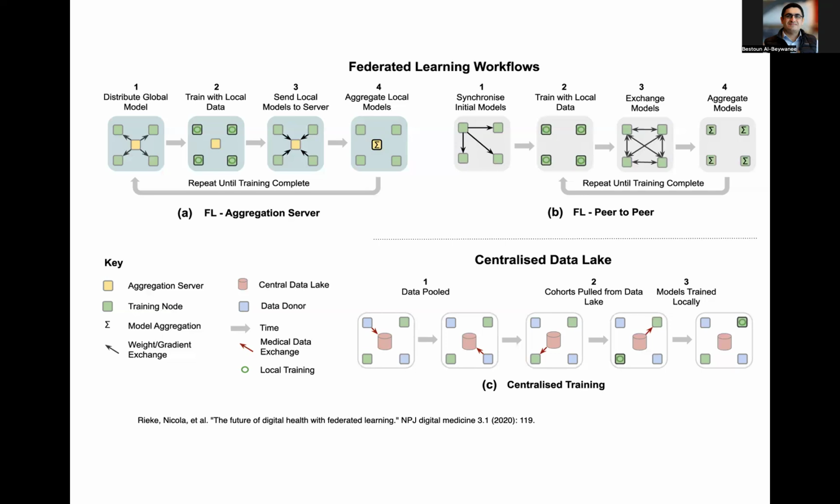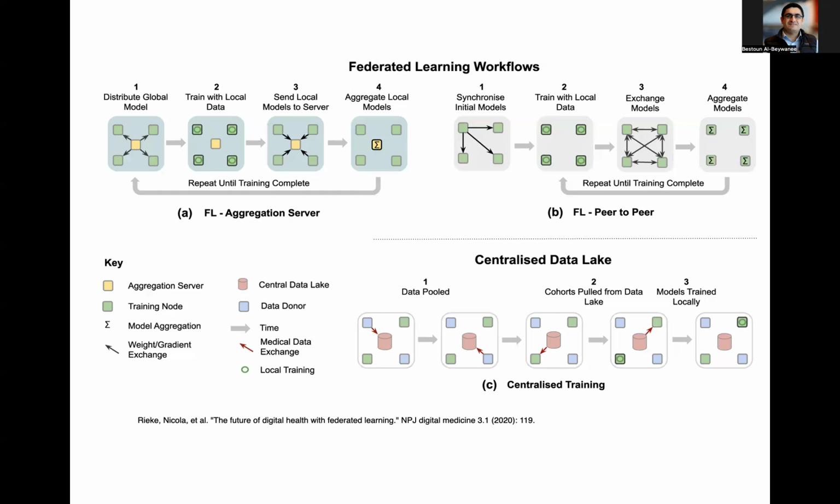So each nearby device or model shares the model information with the other devices, and these devices get updated and train on the local data and exchange the model basically, and then each model on a device aggregates.